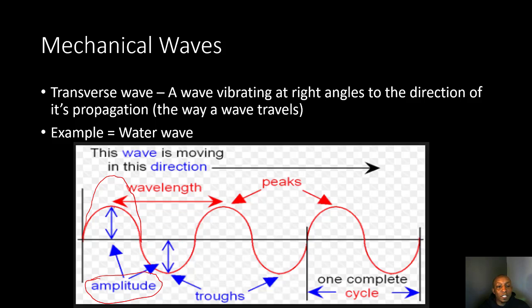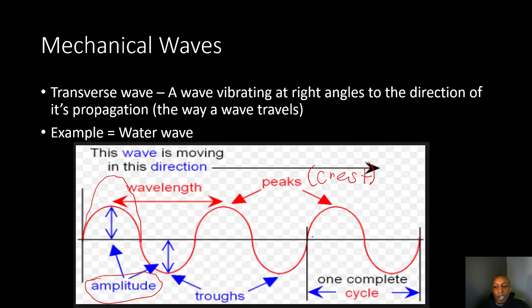Then our wavelength would be from crest to crest, or it can be from trough to trough. The top of our wave is called our crest. On this wave it says peak, but crest and peak are the exact same thing. And at the bottom of the wave, these are called troughs.